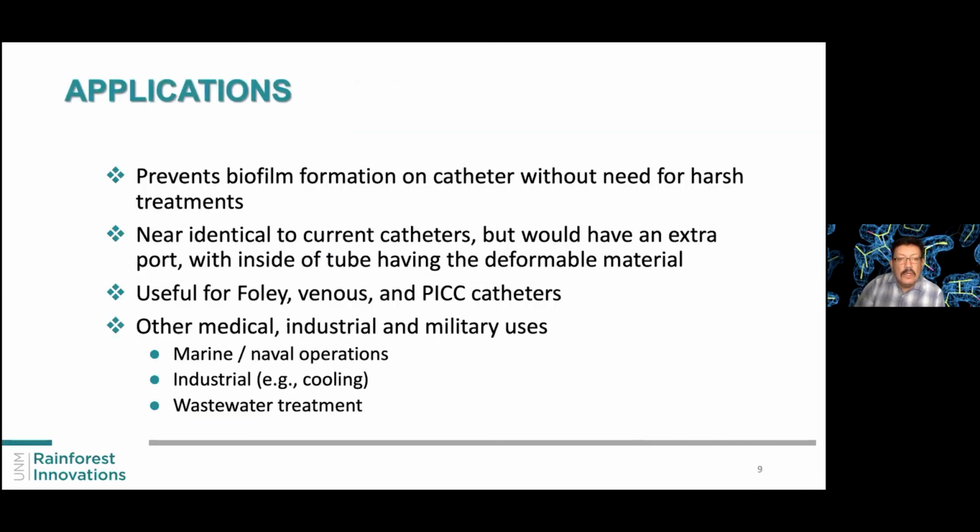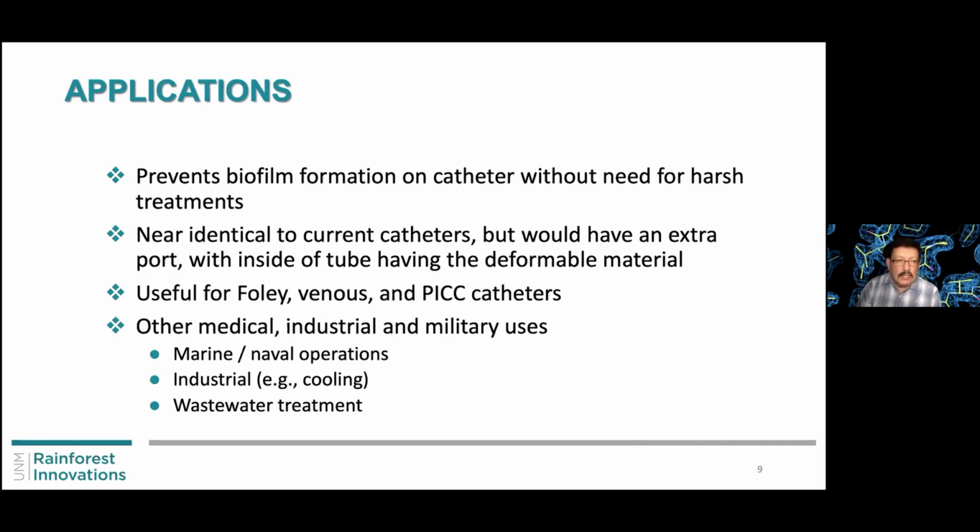And so the applications are basically to control catheter-associated urinary tract infections without any need for harsh treatments or any antibiotics. Of course, this could be used in concert with antibiotics. The materials are nearly identical to those of current catheters, so that is quite useful.